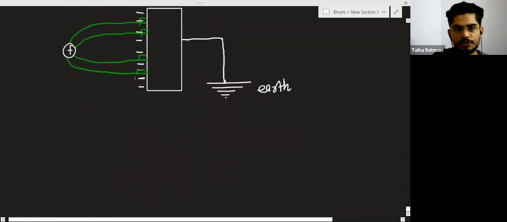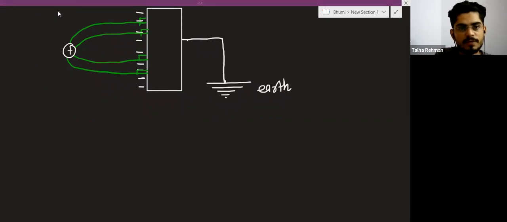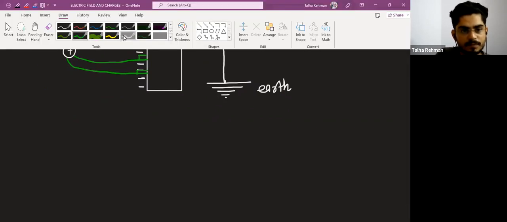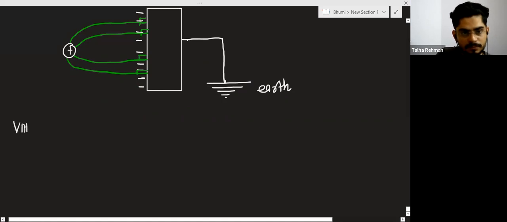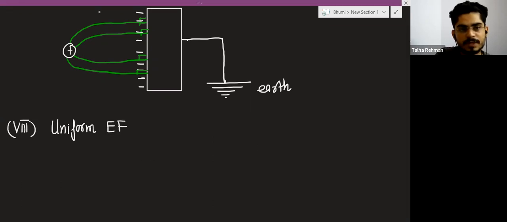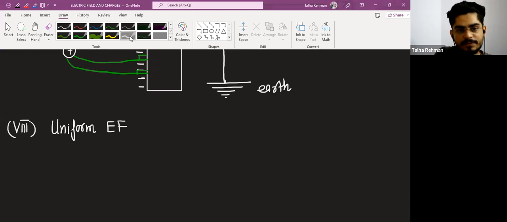And if you want to draw the electric field lines for a uniform electric field, uniform means the electric field is the same everywhere.